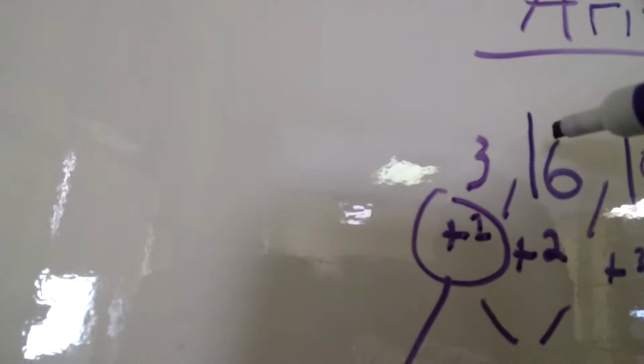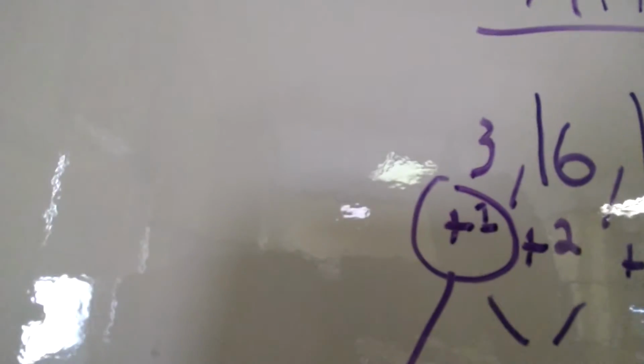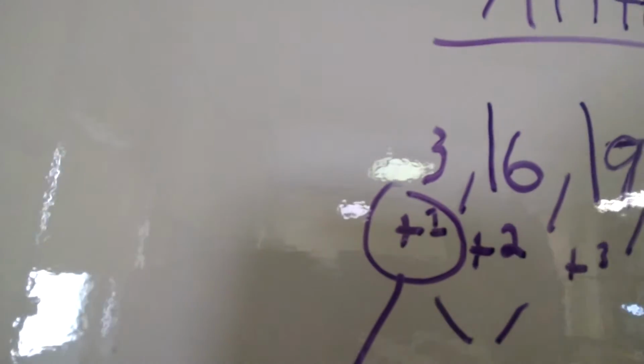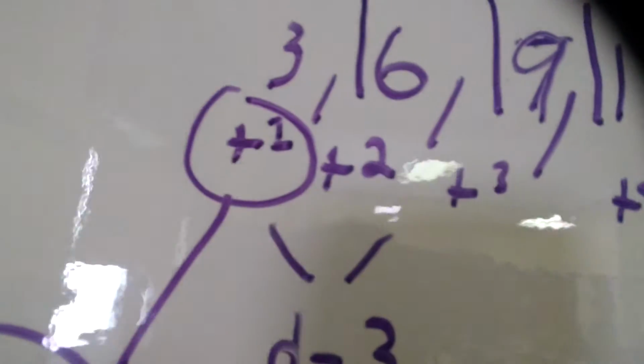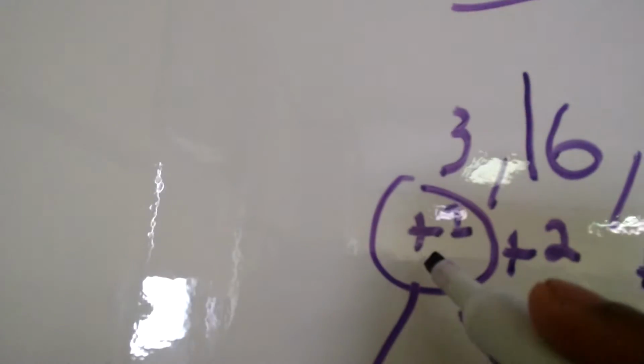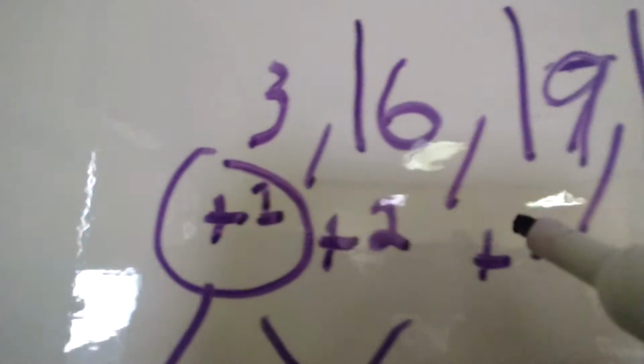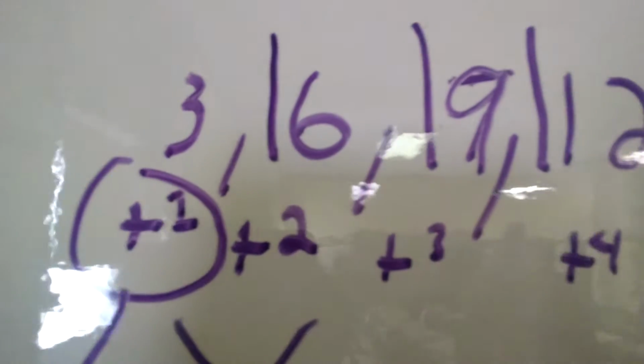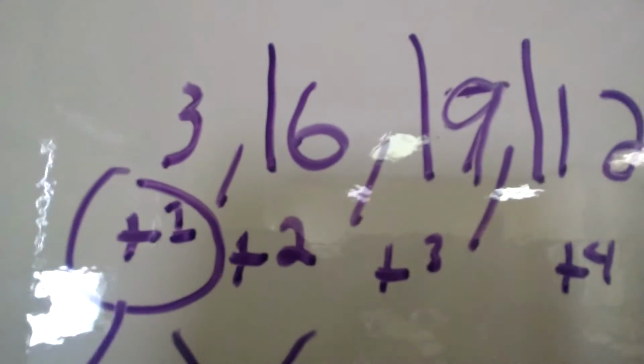We have to separate $3, $6, $9, and $12 on the 4th day Jimmy got paid. And that's called the terms of the sequence. The first day we can represent as T1, the second day T2, the third day T3, and the 4th day T4.